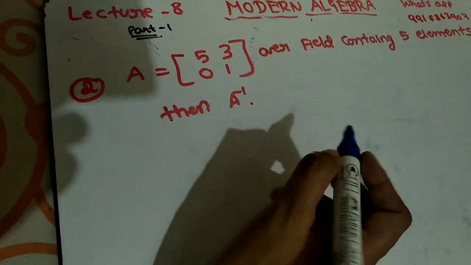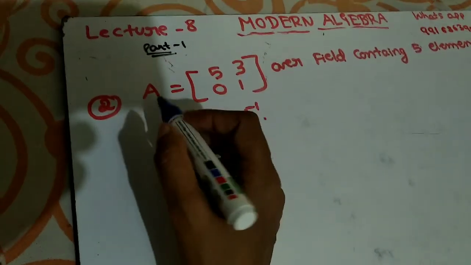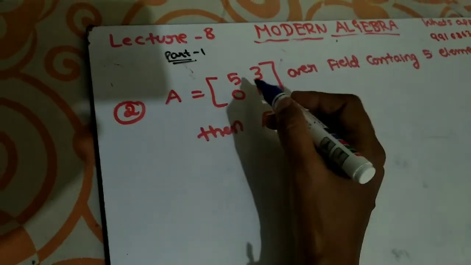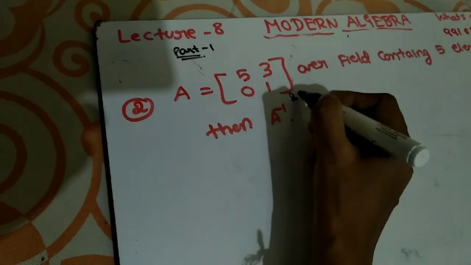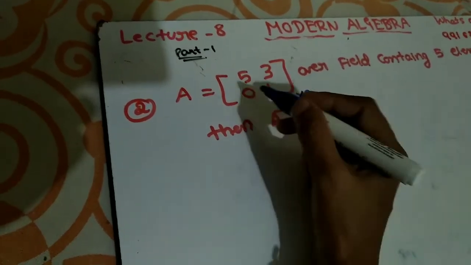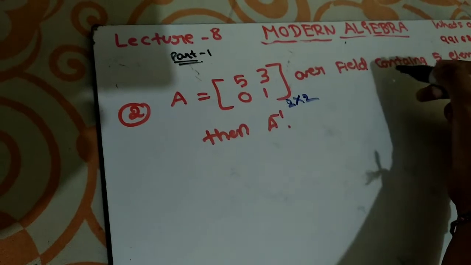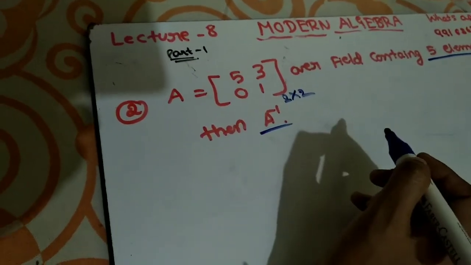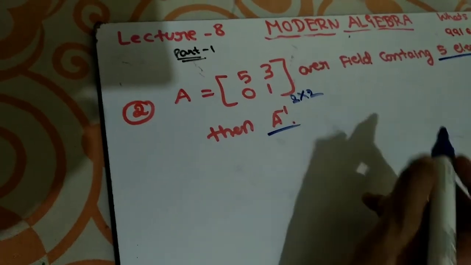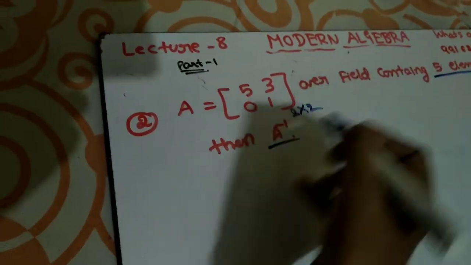Question in this video. So just look here, guys. Matrix A contains 5, 3, 0, 1 as the elements, and the order of this matrix is 2 cross 2, and this matrix is over a field containing 5 elements. Now we also have to find A inverse. First I'm going to write this field.